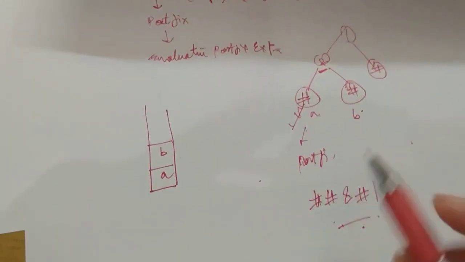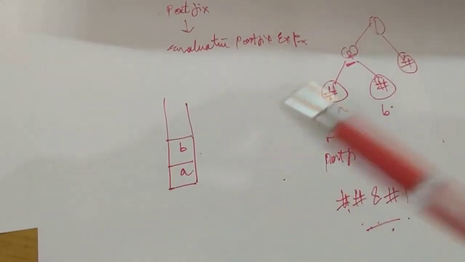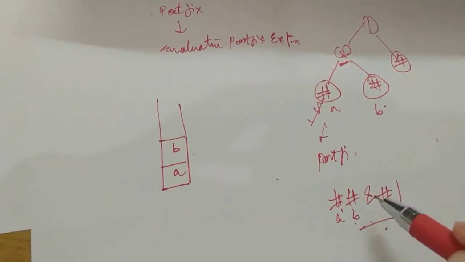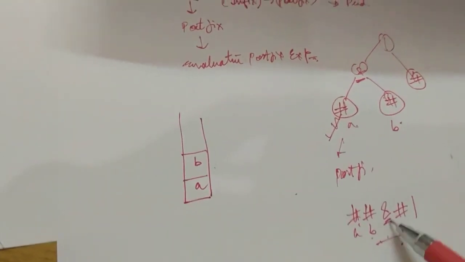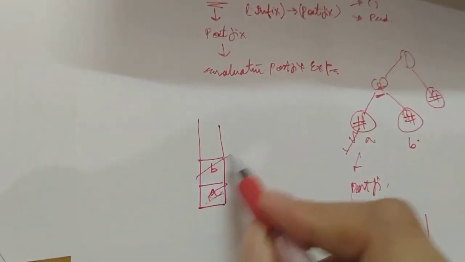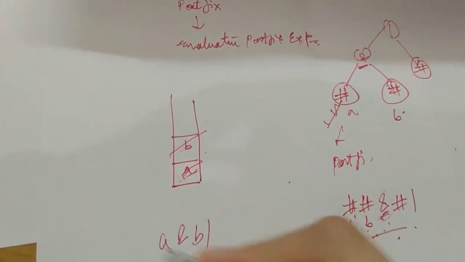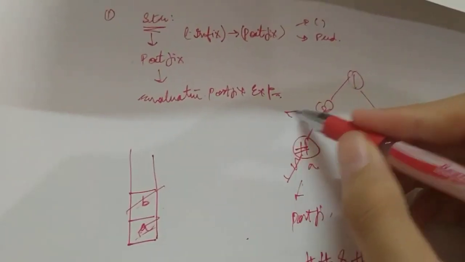So first we convert the given string into this, and then when we evaluate it, say this is A, this is B, and we got AND. We pop this and this out of the stack. We calculated A AND B. That is, we reached this part.